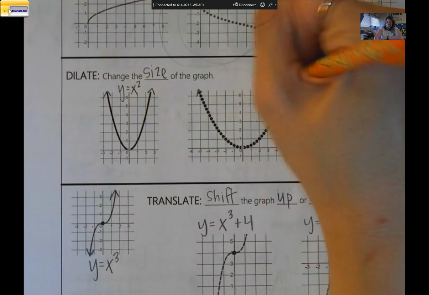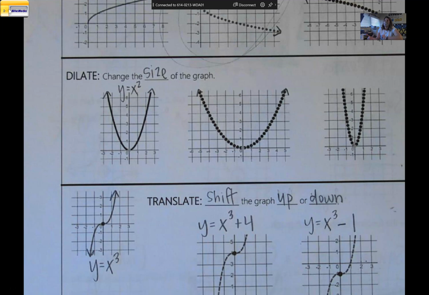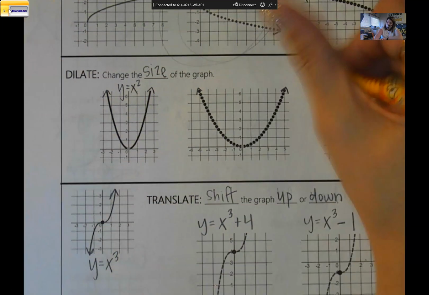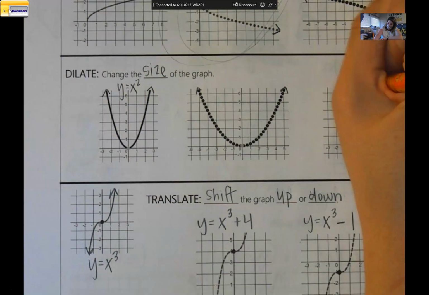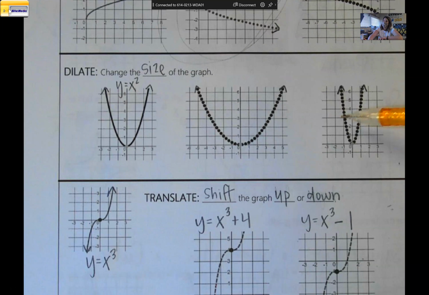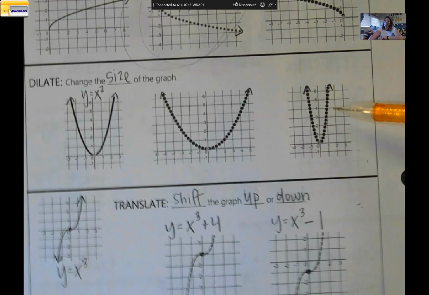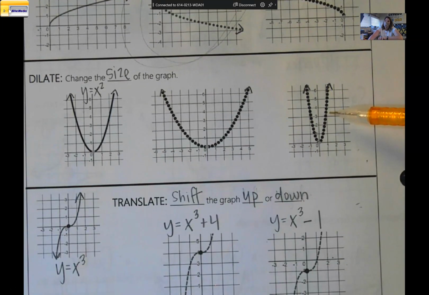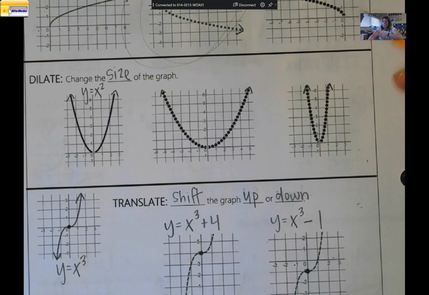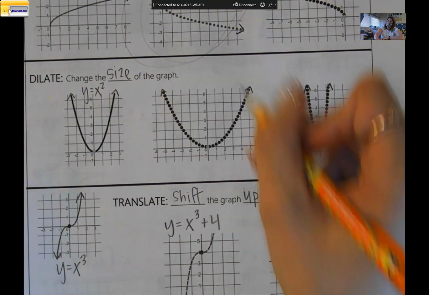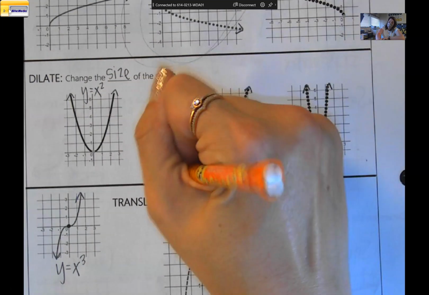This middle one, often people think that we've made the parabola bigger or we've made him wider. And this one, we've made him skinnier or more narrow. So in 11th grade math, we call these a vertical stretch or a vertical shrink. This one is a vertical shrink.